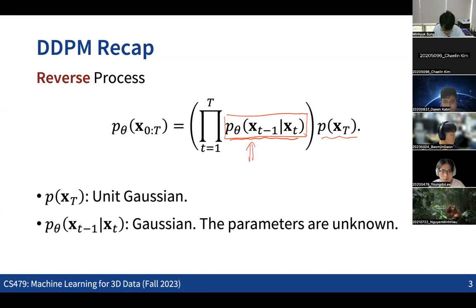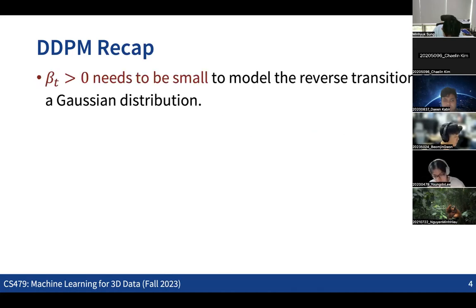So we are going to predict some parameters for the reverse transition. A property that is desired to make this process work is that we need to set the beta parameters small enough, so that the reverse transition can be approximated as a Gaussian transition.